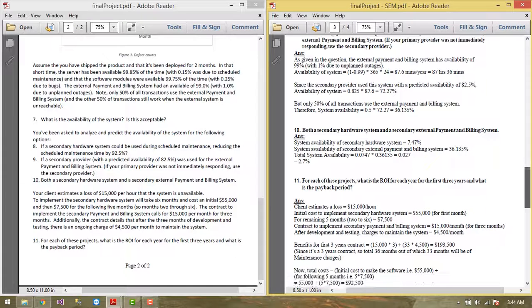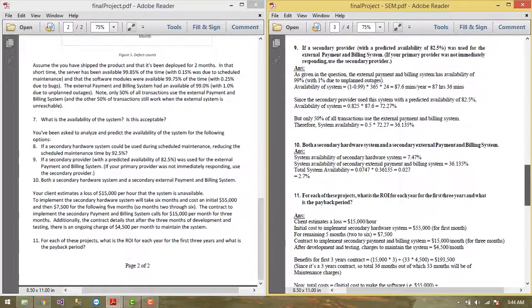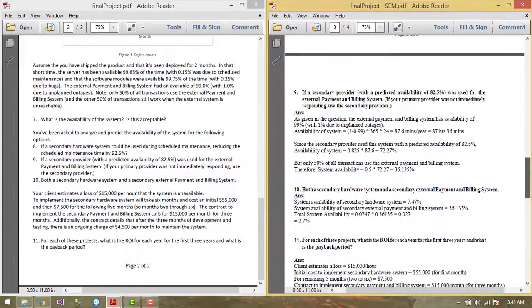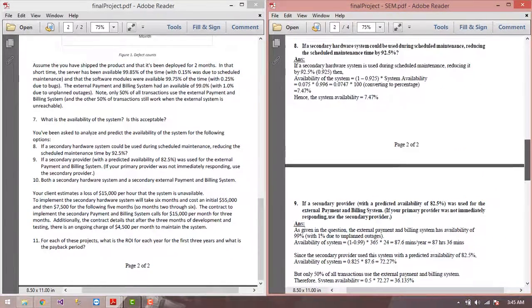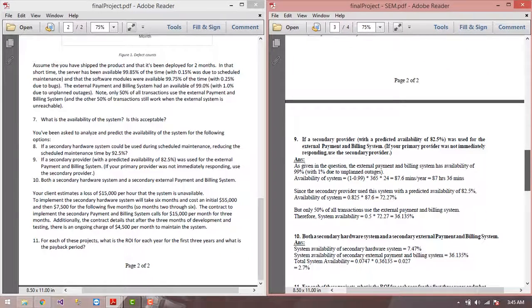So going forward to the 10th question, both the secondary hardware system and the secondary external payment and billing system.